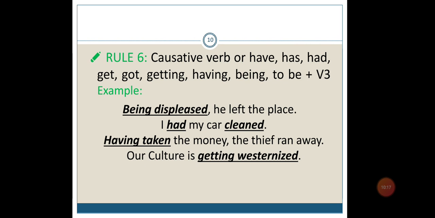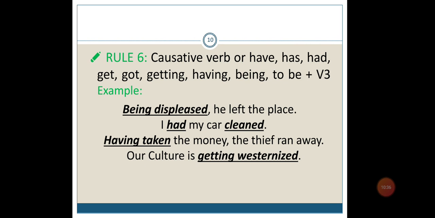Causative verbs are used to describe a person or thing that causes an action to happen. So after this, we use the past participle form of the given verb. Look at the examples below.